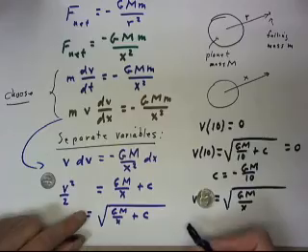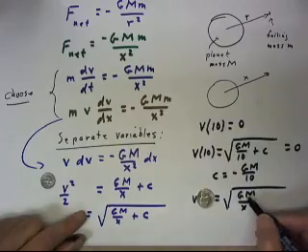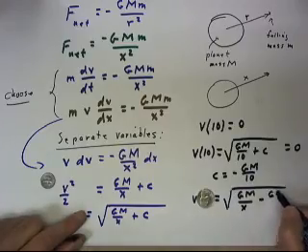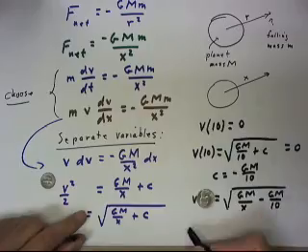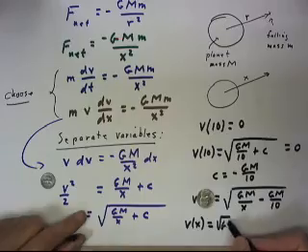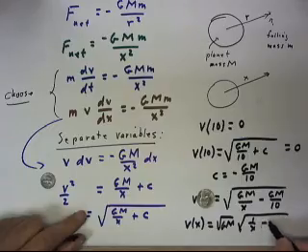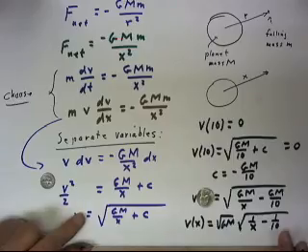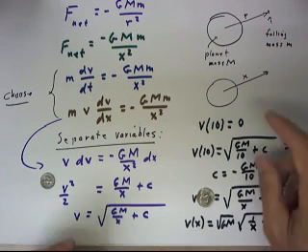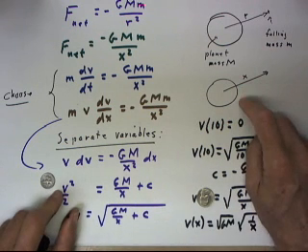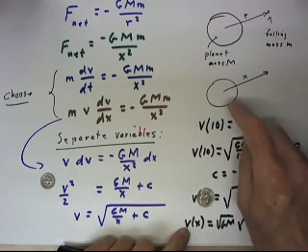So we get GM over x minus GM over 10, so that v of x could be written as the square root of GM multiplied by the square root of 1 over x minus 1 over 10. With this function, we could answer the question of how fast this object is moving when it's a given distance from the planet.